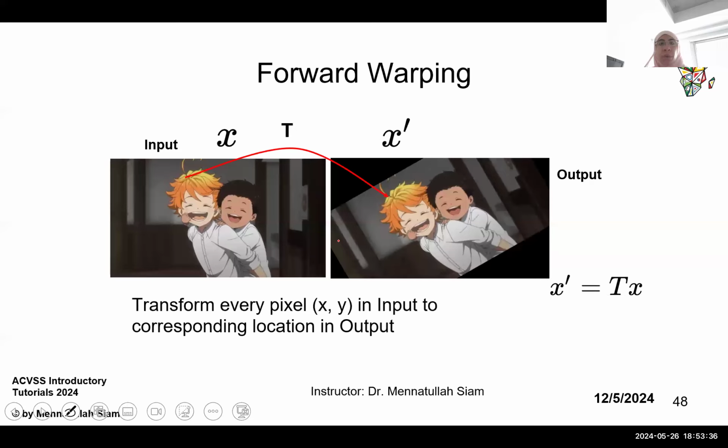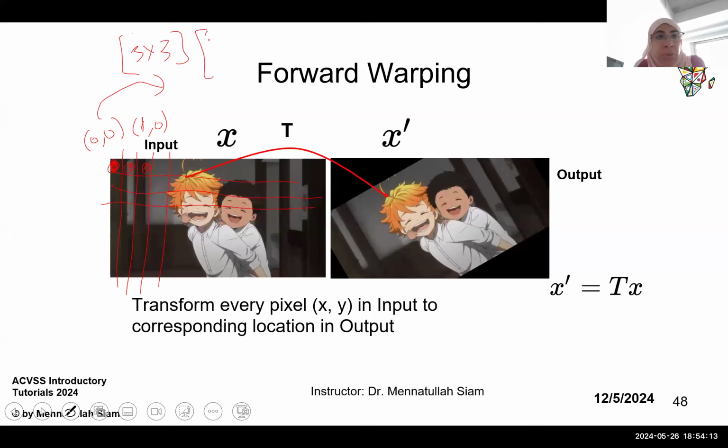For forward warping, let's say I have my input image here and I'm going to transform every pixel. Just for illustration, I have one pixel here, another pixel here. For each one, I take its location, 0, 0, then 1, 0, and so on, and multiply it by our 3x3 transformation matrix.